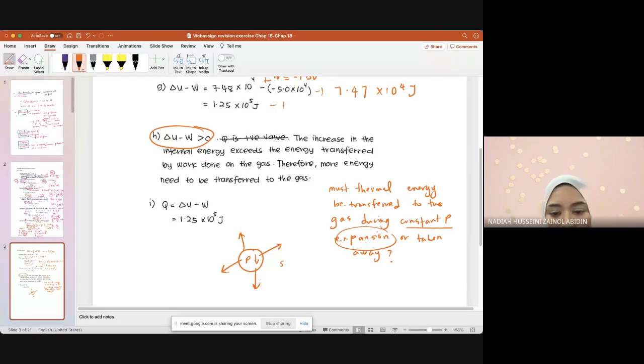So I need to supply Q. Tak tahulah korang faham ke tak. So to supply Q untuk bagi P constant. So P pun happy. Saya dapat menjadi constant. Okay. Walaupun V membesar. So therefore more energy needs to be transferred to the gas.